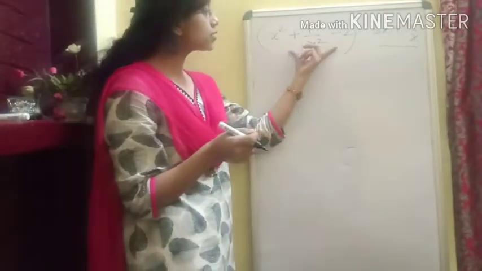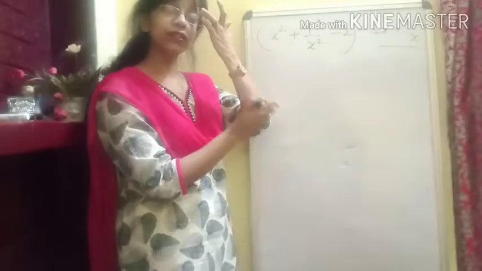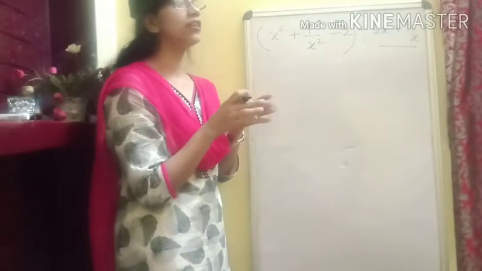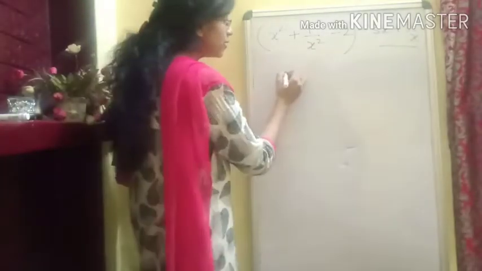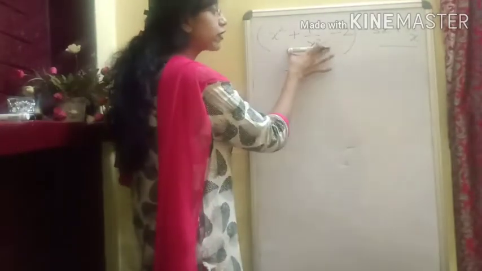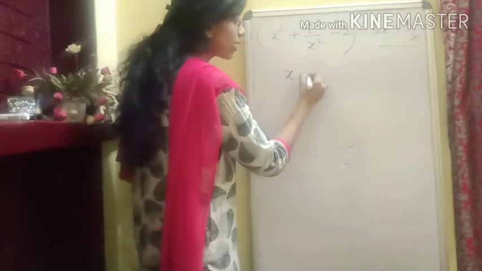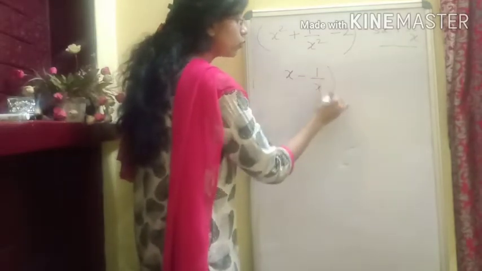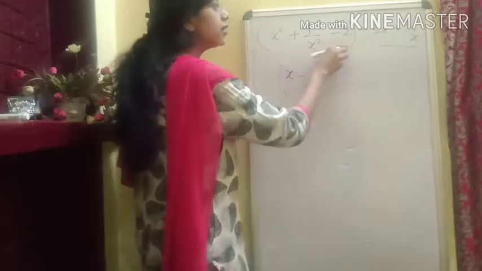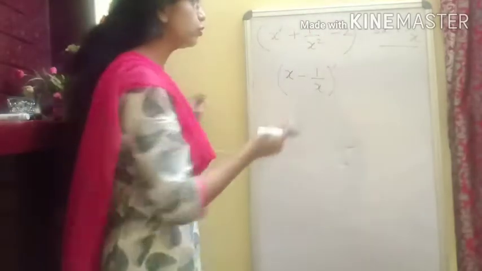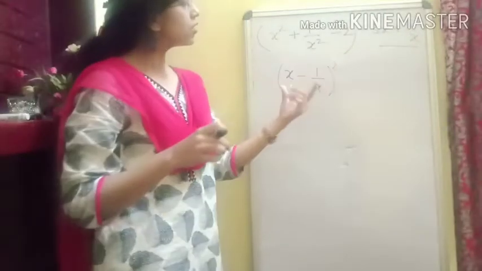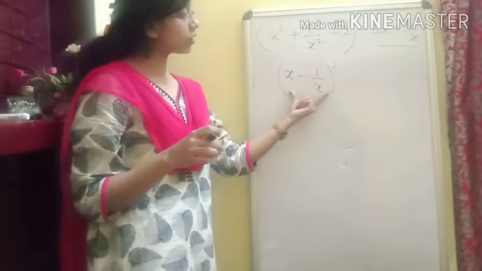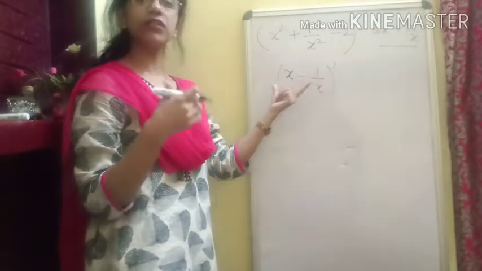Now if you see this term, and as we have learned in the last chapter, that is the expansion, this is nothing but the perfect square of x minus 1 upon x whole square. These 3 terms. How? I'll show you. Just forget about this thing, and open this given term according to the identity.